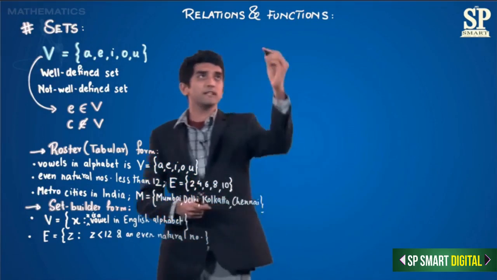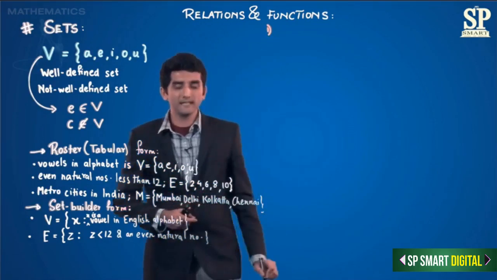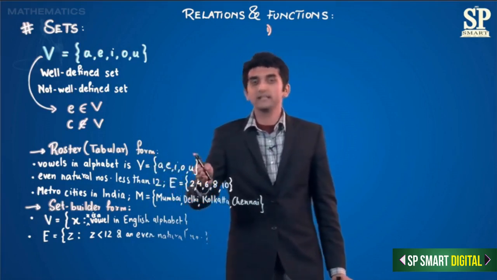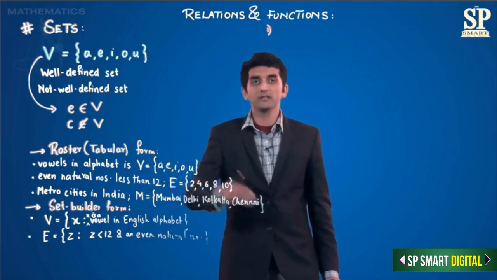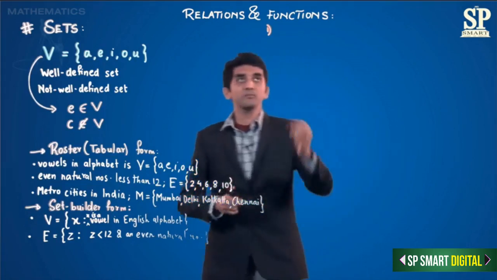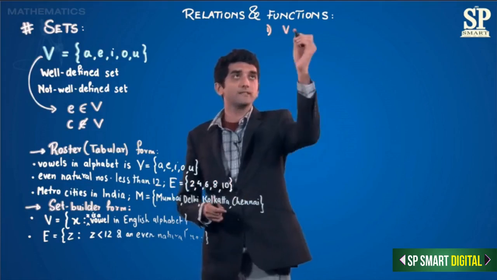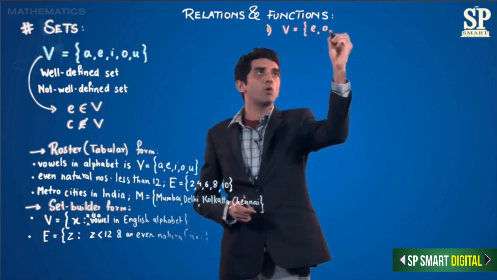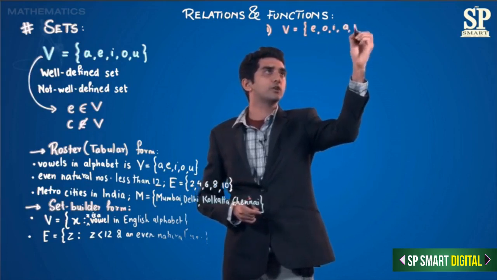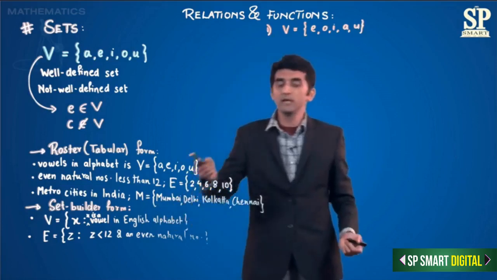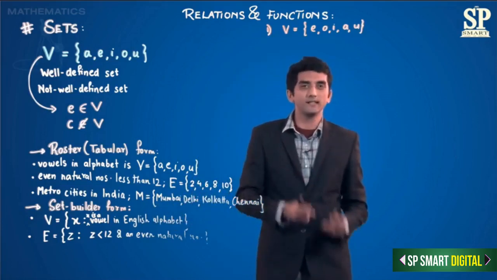The first thing that we should understand is that the elements that we write in this particular set, the order is not important. So what it means here is this particular set can be written as E, O, I, A, U as well. This set and this set is going to be absolutely same because the elements inside the set are same.